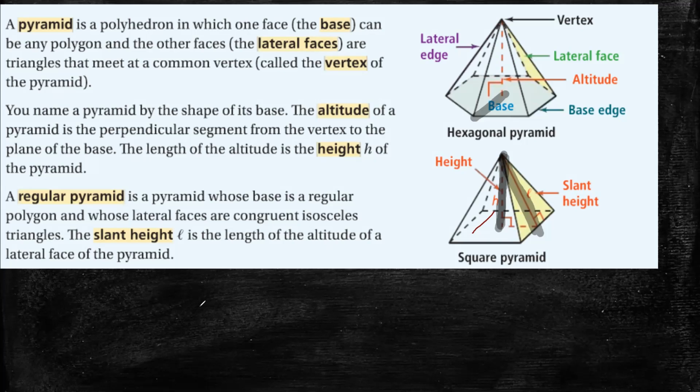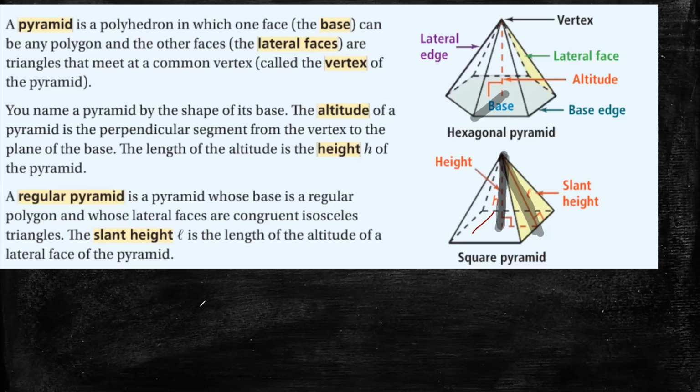It's a shape that has only one base with many lateral faces, many lateral triangles that are connected at a common point. We call it a pyramid. We will name the pyramid according to the number of sides on the base: hexagonal, square, pentagonal, and so on.